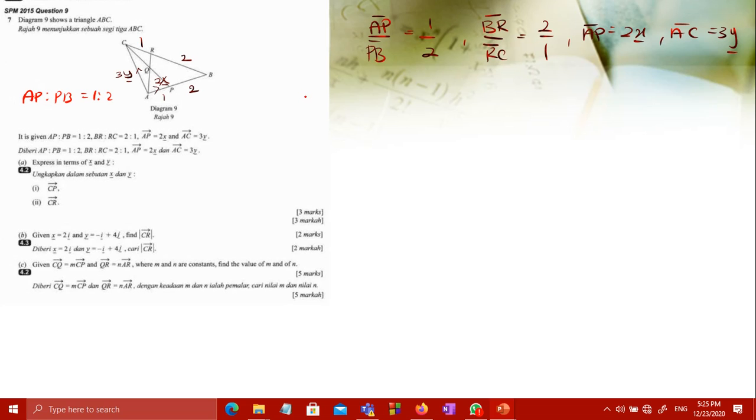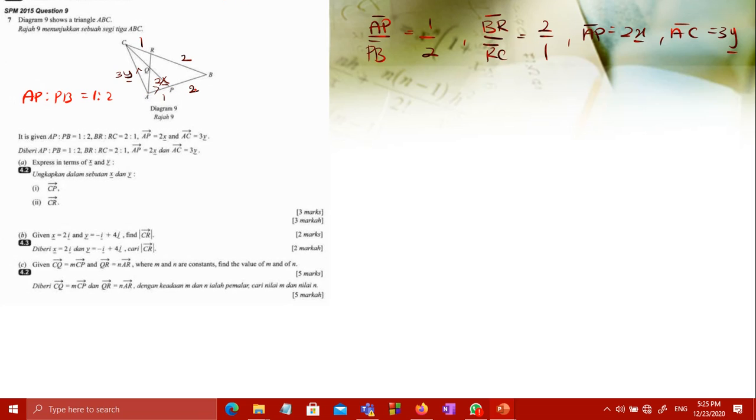And observe that I also label the diagram as mentioned in the information given. So we know that vector AC is 3y, vector AB is, and vector AP is 2x.